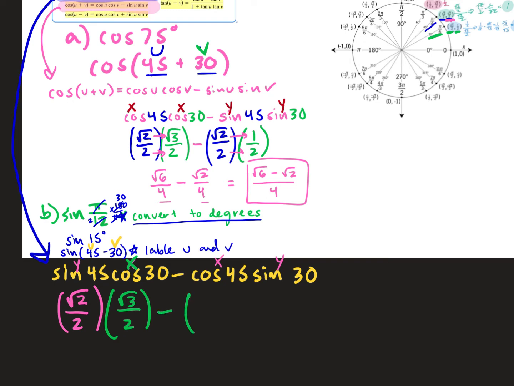Then I'm going to cosine of 45, and I'm looking at the x value. The x value would be square root 2 over 2. And then lastly, the y value where sine is 30. So sine is 30, our y value is 1/2.